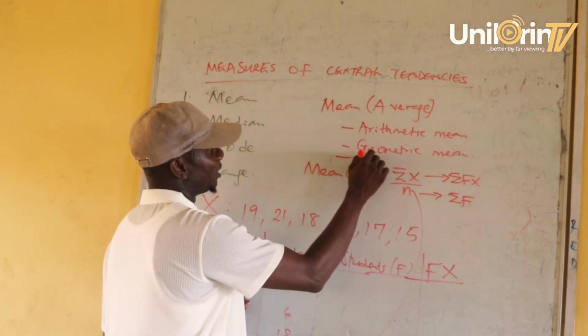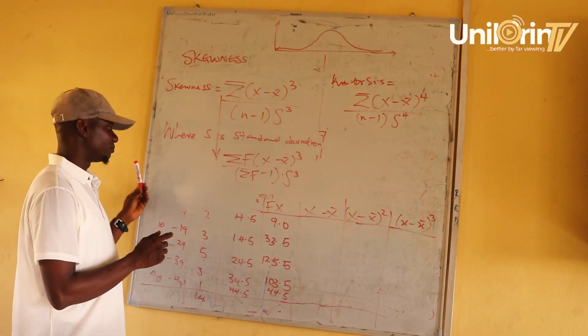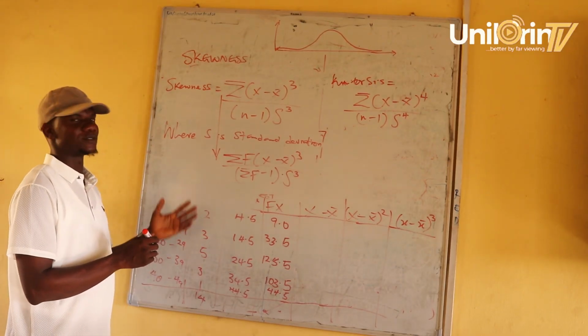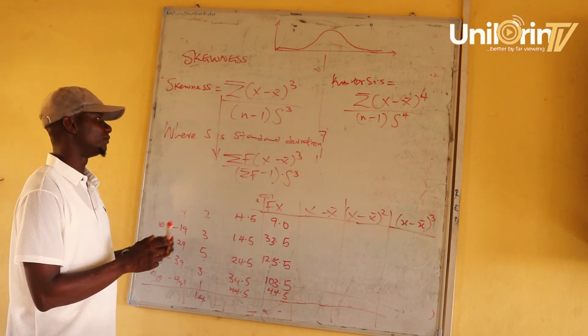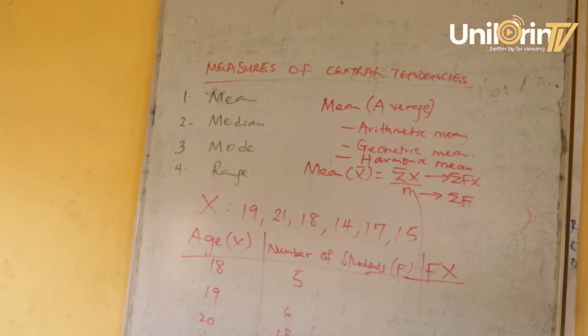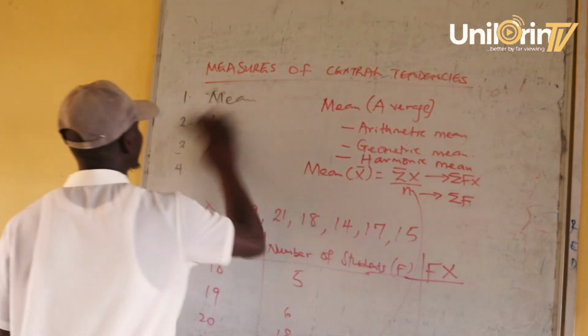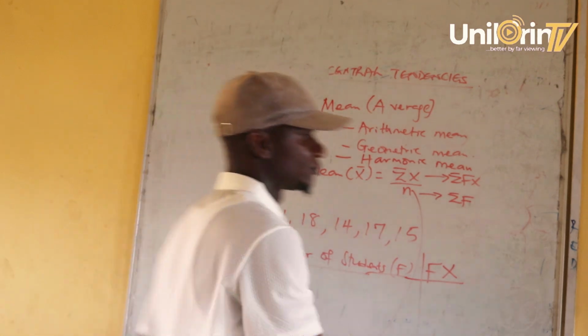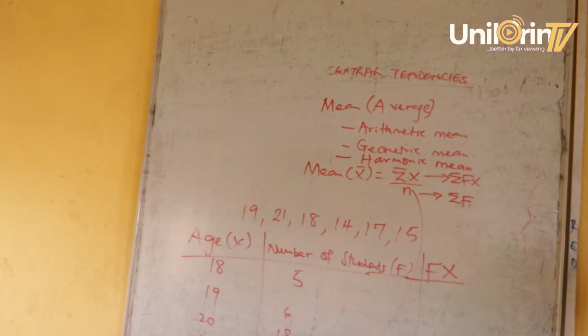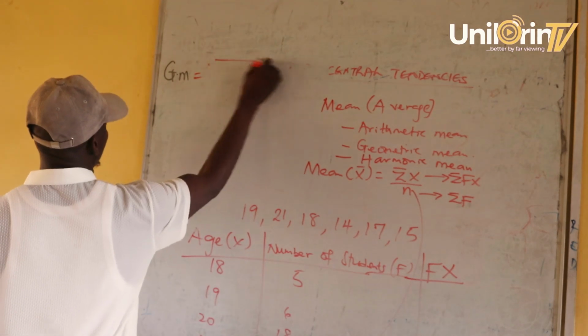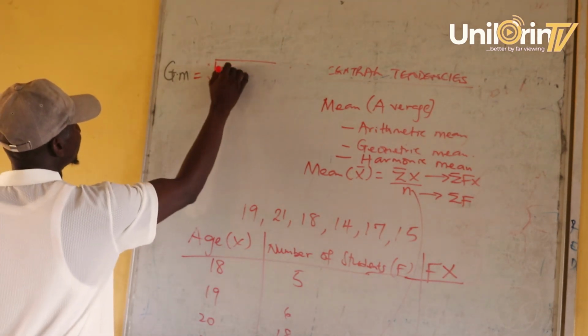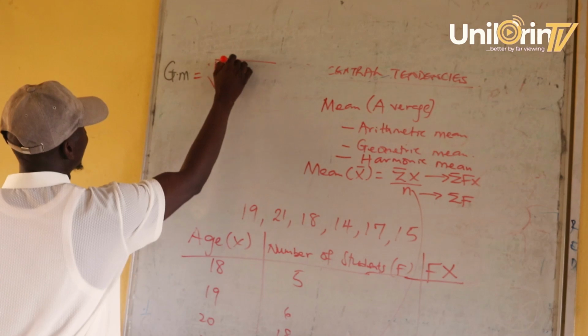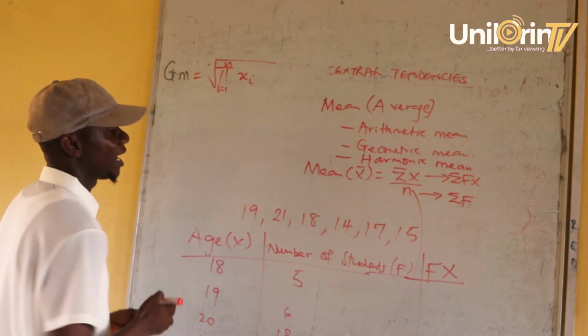Another type of mean is the harmonic mean. All these are what we want to look at. As an example, your geometric mean is given as the n-th root of the product from i equals 1 to n of your xi.